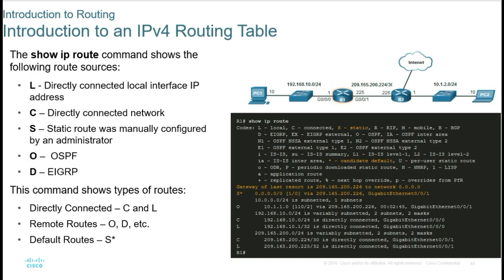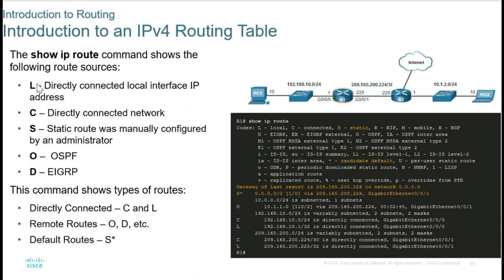So inilah rupa the routing table inside the router. Kita boleh view this menggunakan command show IP route. So ada banyak entry sebab kita boleh ada static, kita boleh ada default, kita boleh ada dynamic routes. So it's being labeled with this character. So L adalah directly connected local interface and C adalah directly connected network.